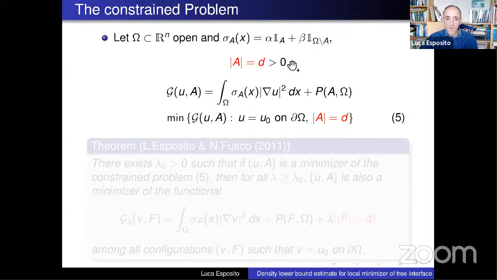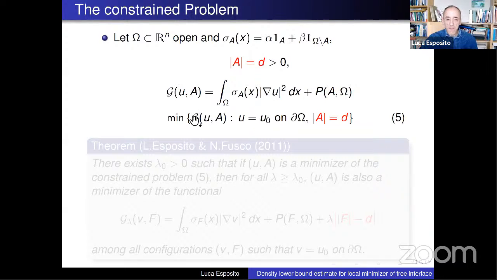So if you have the usual functional that I now write in just one row, I assembled again the bulk part and interface part. Here calligraphic G denotes both terms, bulk term and interface term.